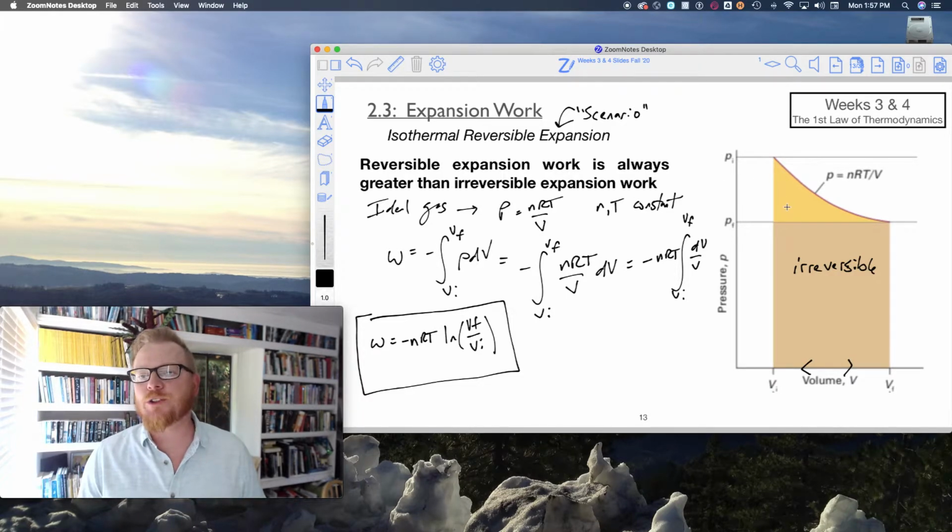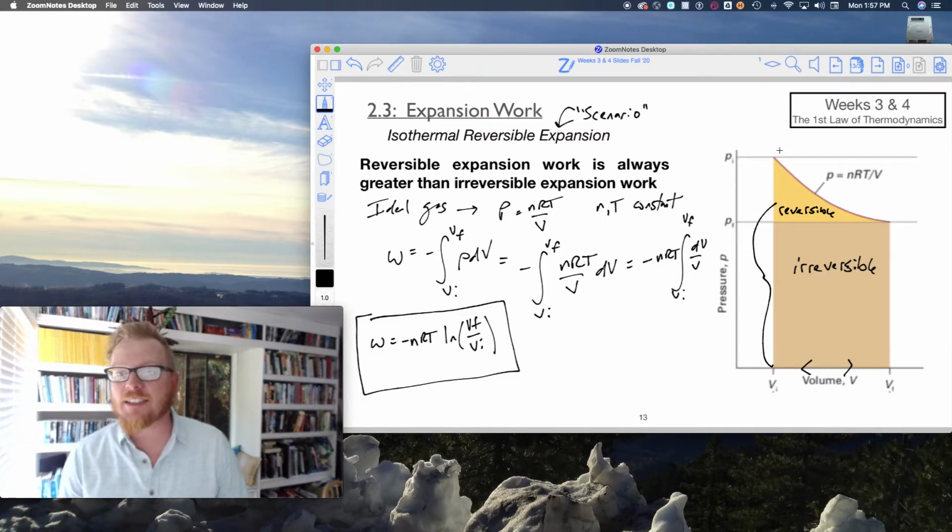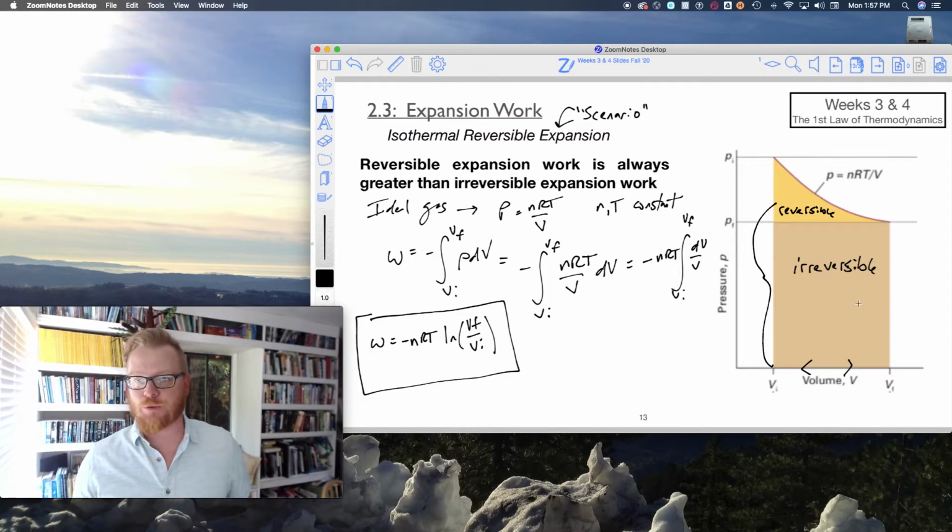And so the reversible work not only contains the area in this yellow part right here, but it also contains the irreversible area as well. It contains both of those areas, because it has to be the full area under the curve, right? So if I take the whole area under the curve, not only do I have this chunk, but I also have this chunk too, okay?